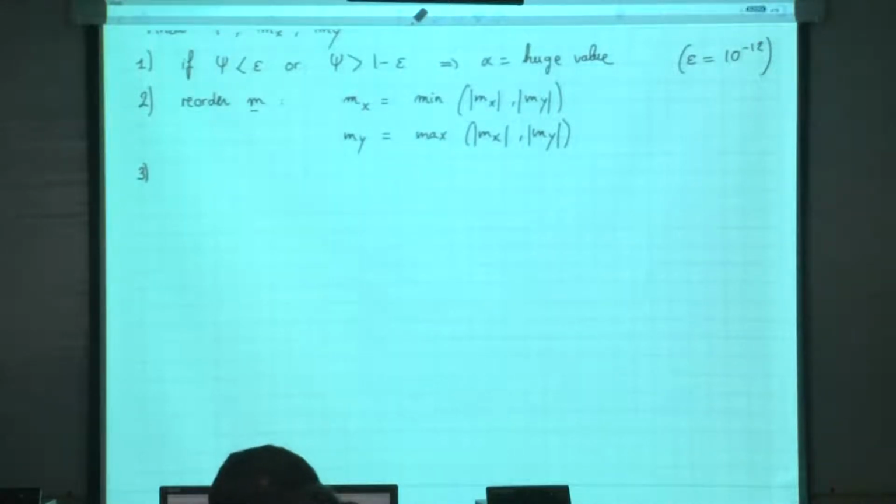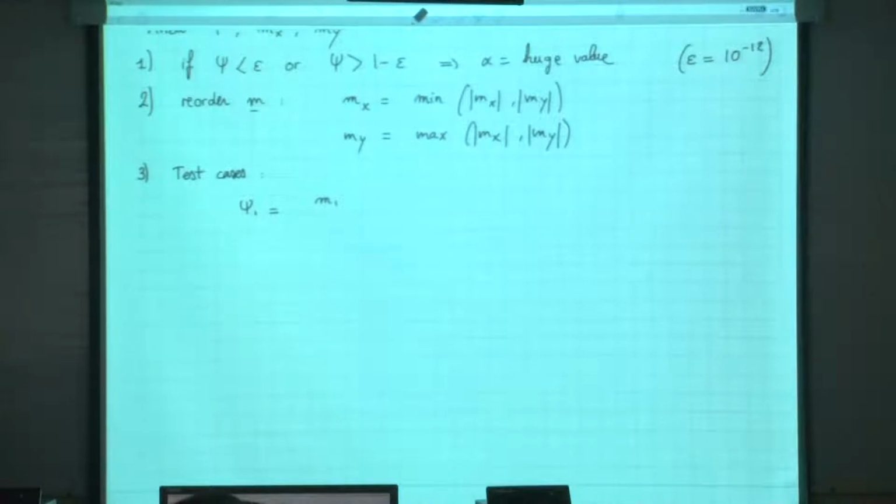Then I define my cases. So test the various cases. My limit psi1 is equal to m1 over 2 times 1 minus m1.